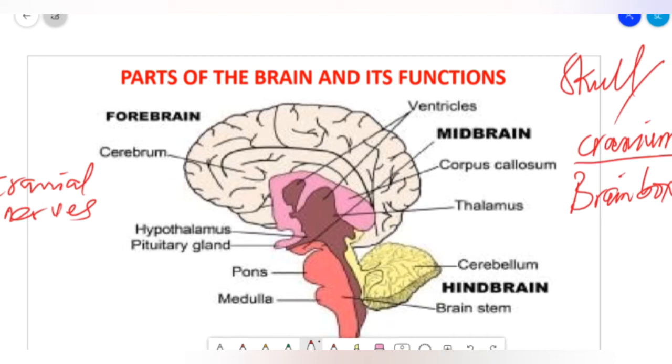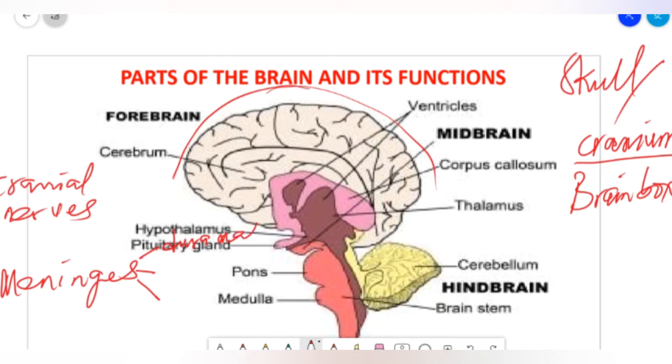And the brain is surrounded by three membranes. These membranes are generally called the meninges. That's the name given to these membranes. And when I said that they are three, it means that we have three membranes. The first membrane, which is the outer layer, is called the dura mater.